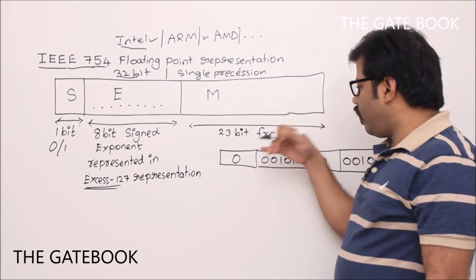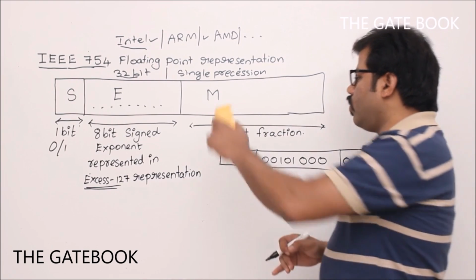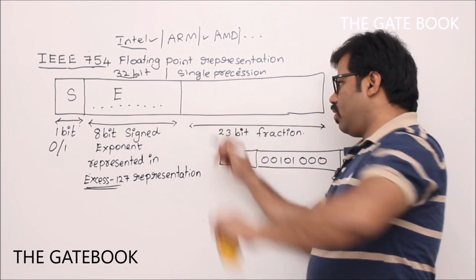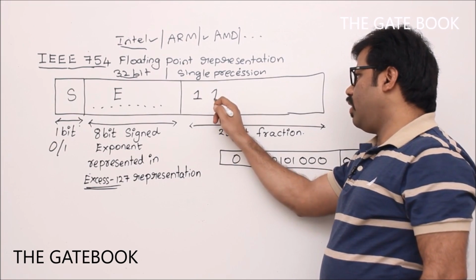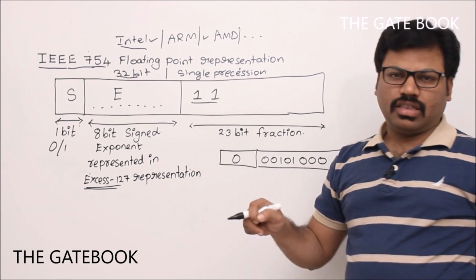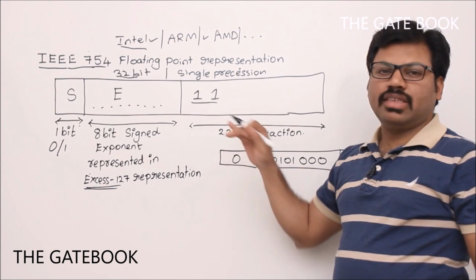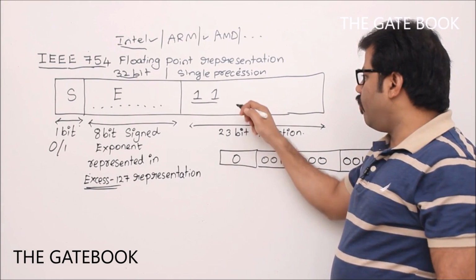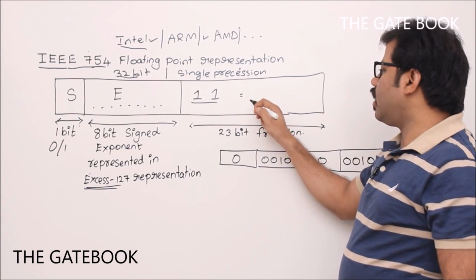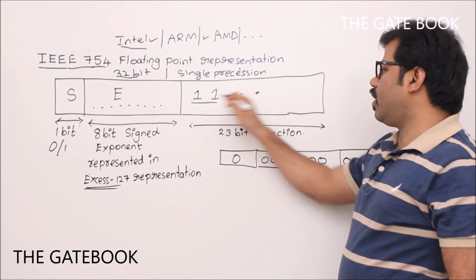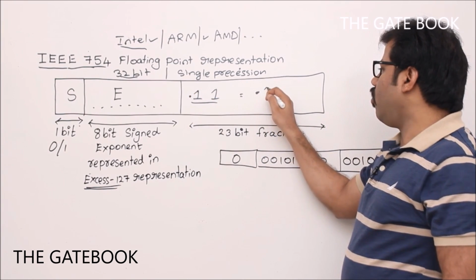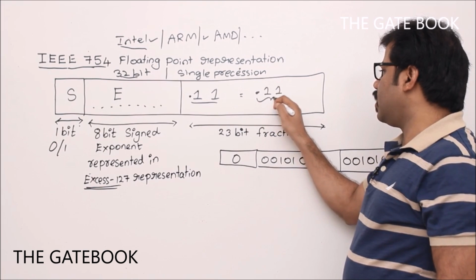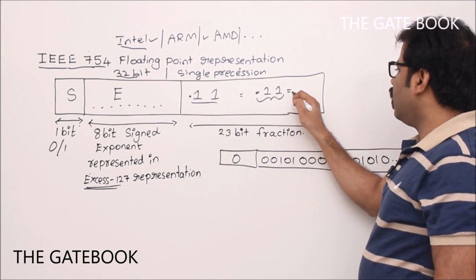Sir, what is the meaning of fraction? I will tell you. Whenever you write a 2-bit number like this, if I say this is a fraction, that means this binary pattern is represented as a fraction, so it is like having a point here. If you have 0.11 in binary representation, already I told you what it means.